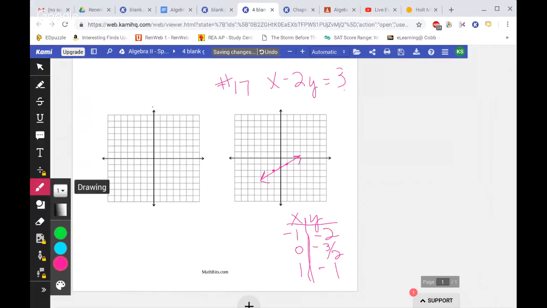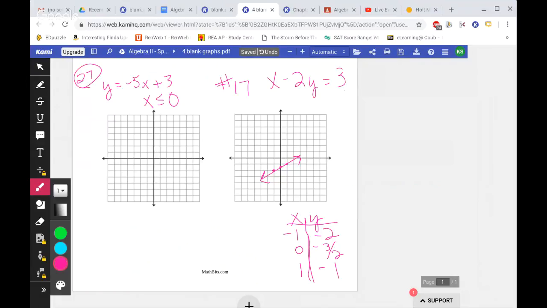Okay. Number 27 says, y equals negative 5x plus 3. But the domain has to be numbers that are less than or equal to 0, much like our example.